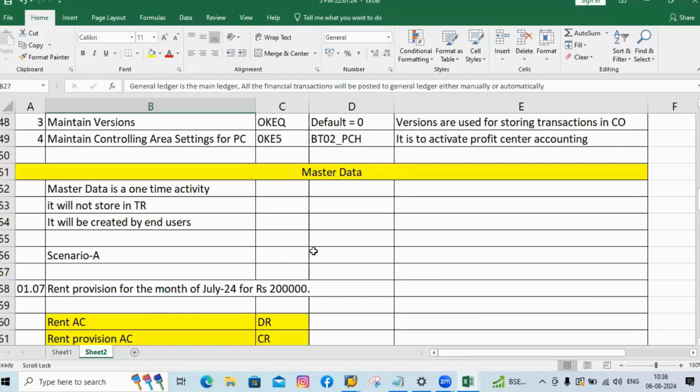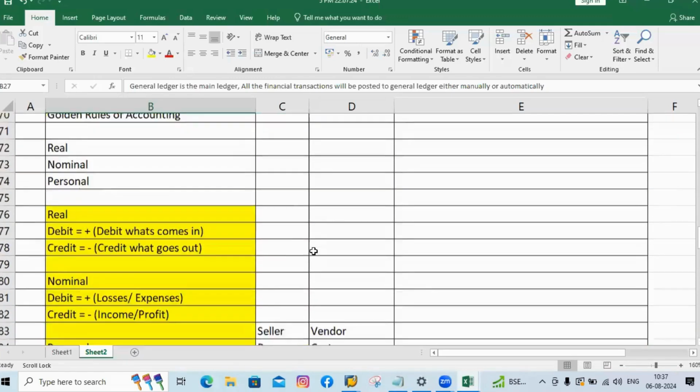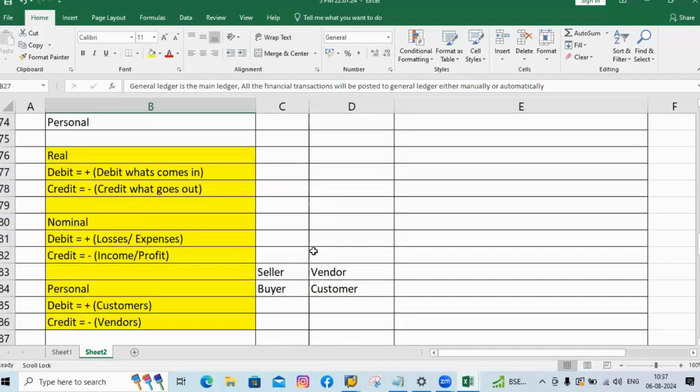I'm asking about posting, not creating. What is the T code for posting GL accounts? F-02. Fine. What is another T code?